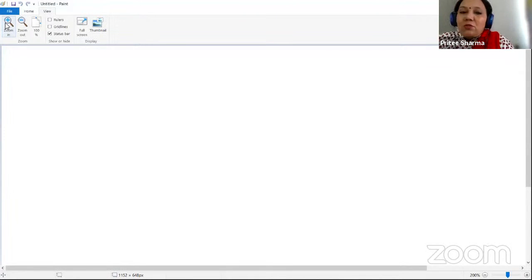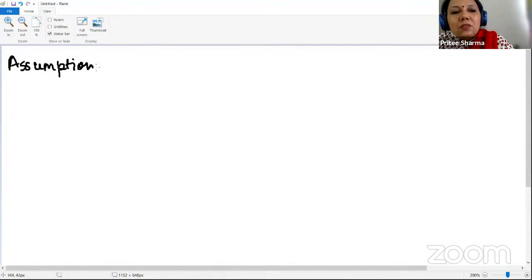Let me complete the last bit, where we left in our last session: the assumptions of the fixed effect model.